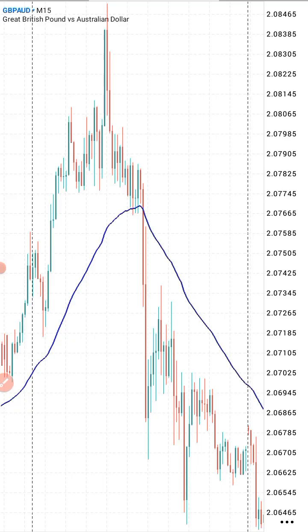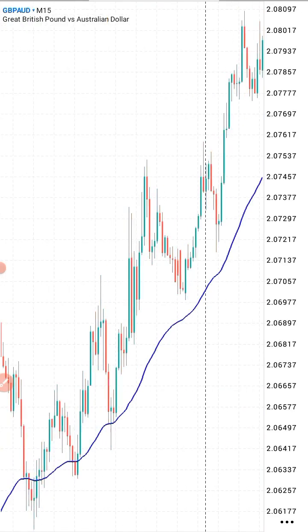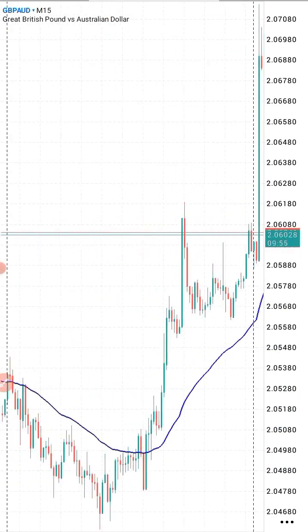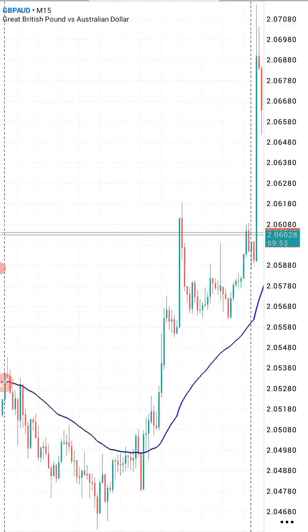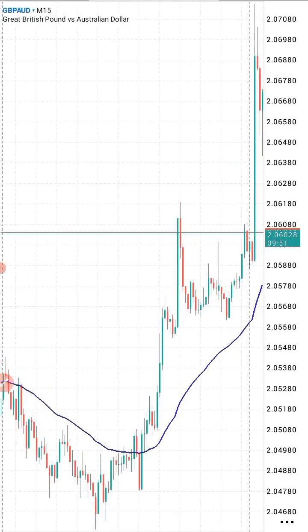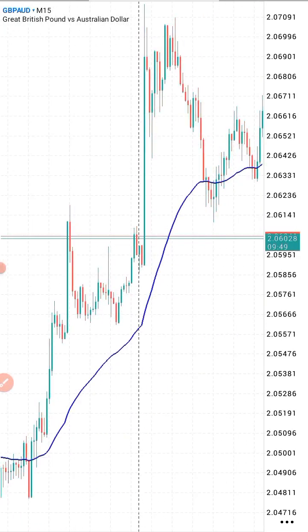Now, the correct approach for you to trade this kind of trading strategy is for you to wait for the first pullback to the moving average after a significant breakout. For example, look at this breakout here.